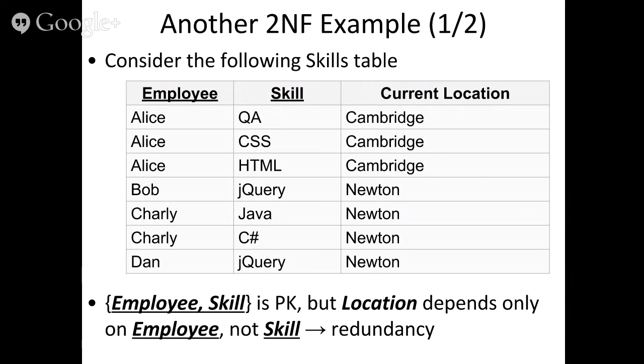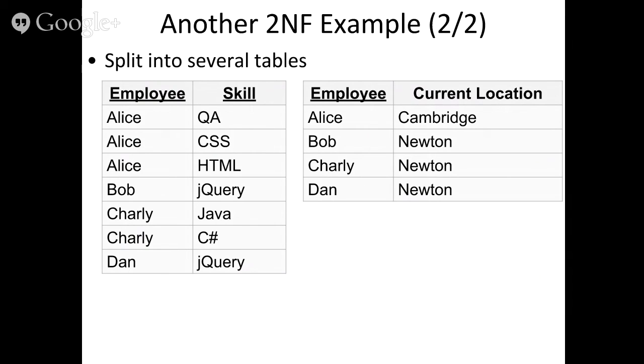It does not depend on the entire key. Make sense? So again, typically what we do, we split, and we have foreign keys that relate these two tables, and we capture the employee only once and the current location, and we can join these two tables to ask what are their skills, who they are, and where they are. Make sense? Okay.